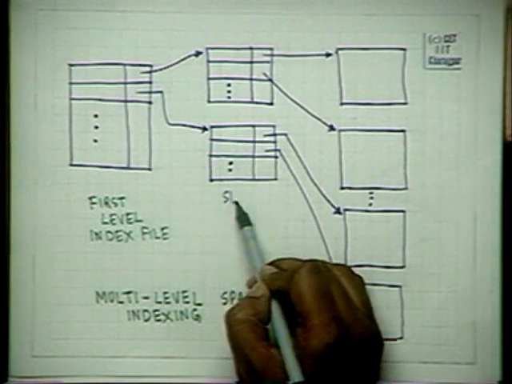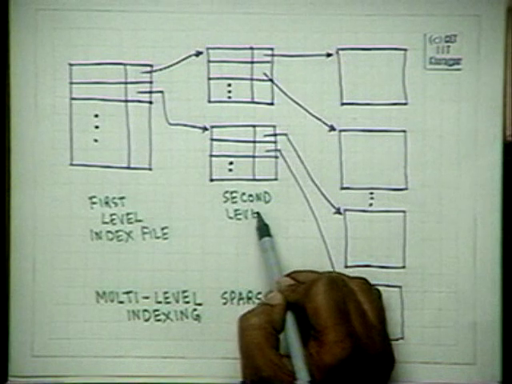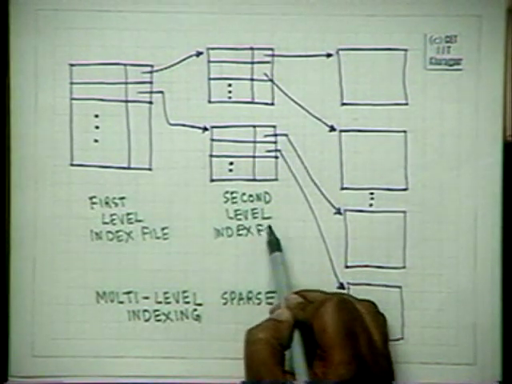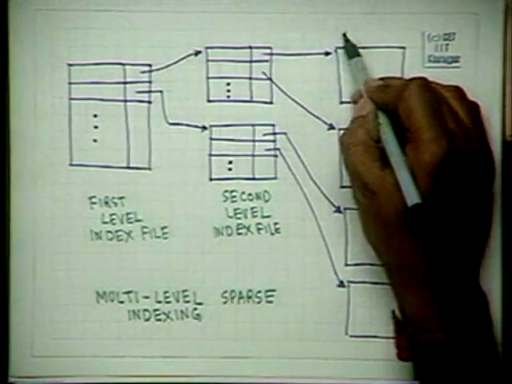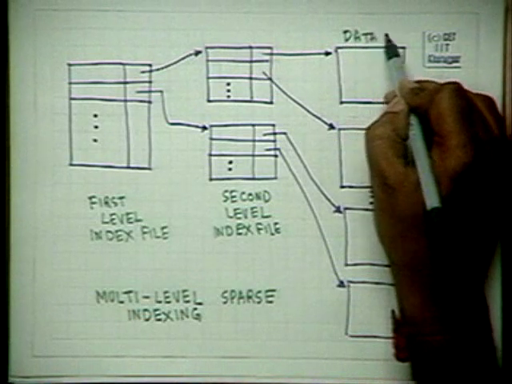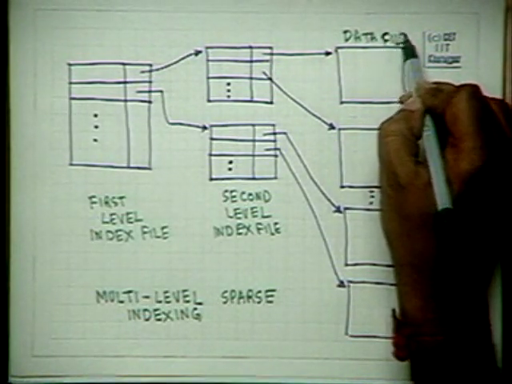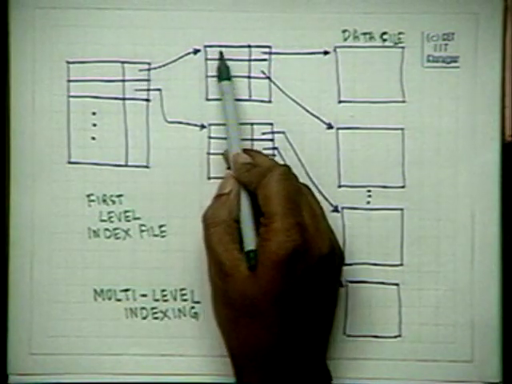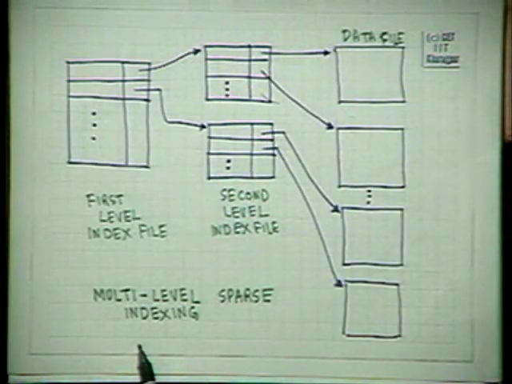This is the second level index file. And this is finally the data file, the sequential data file. So in the first level you get here, and then you point here, and then you come here and you get the actual element.